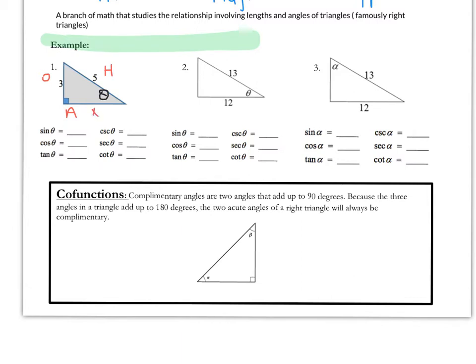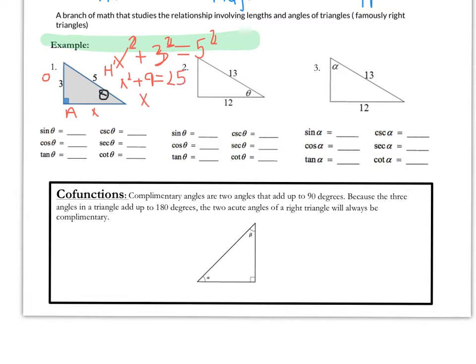So I would do x squared, sorry, my stylus is the worst today, x squared plus 3 squared equals 5 squared. So I have x squared plus 9 equals 25.